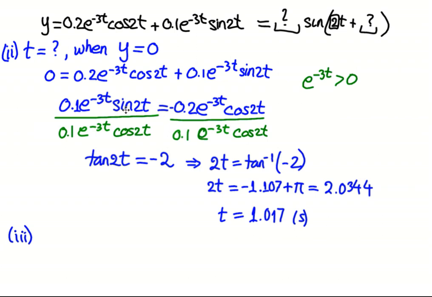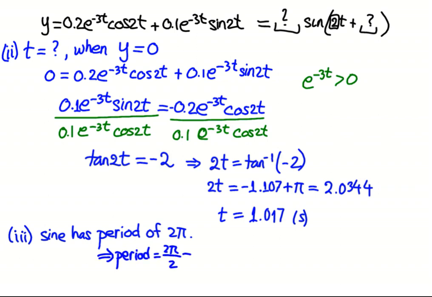Notice that the period for sine and cosine is 2 pi. So sine of something times 2, we divide that by 2. So the period for this problem is 2 pi divided by 2. It's going to be pi. And then the frequency is the reciprocal of that.